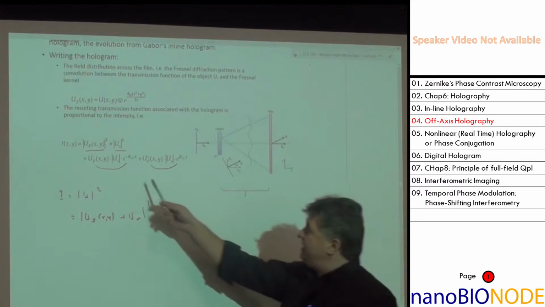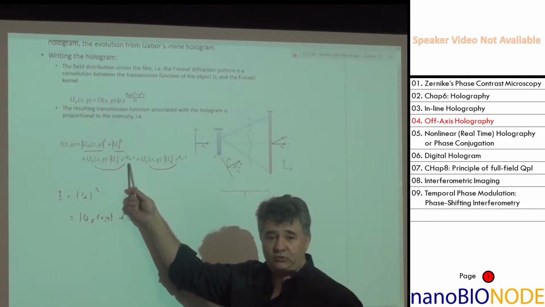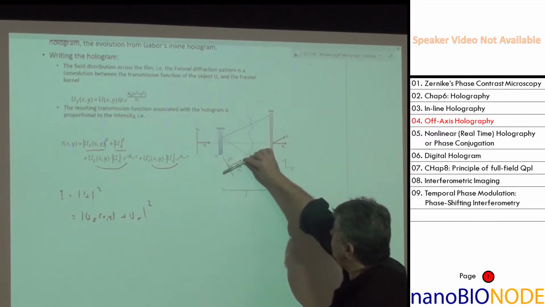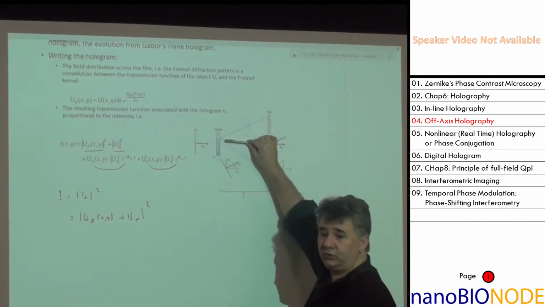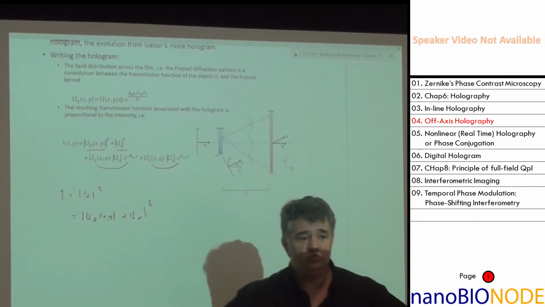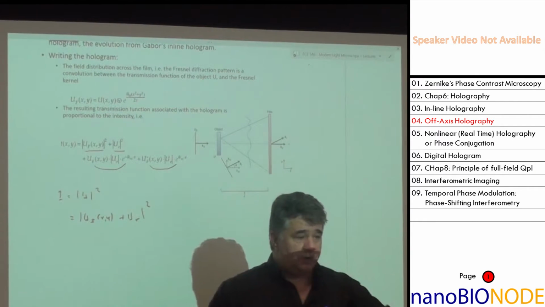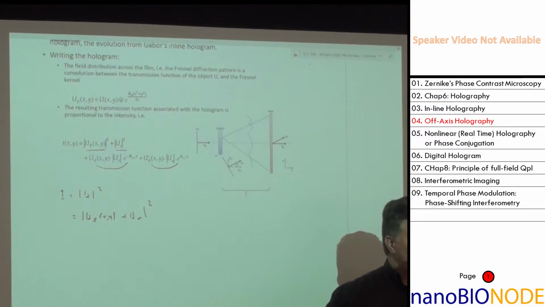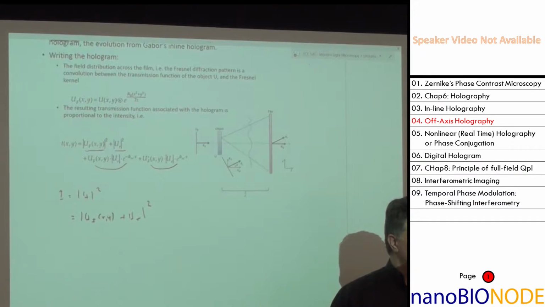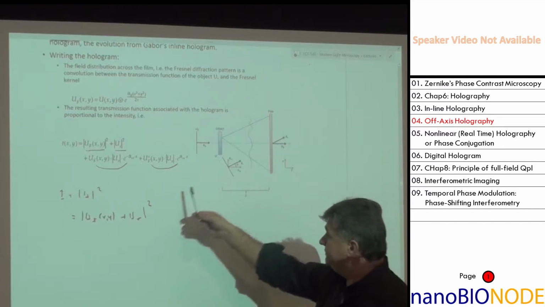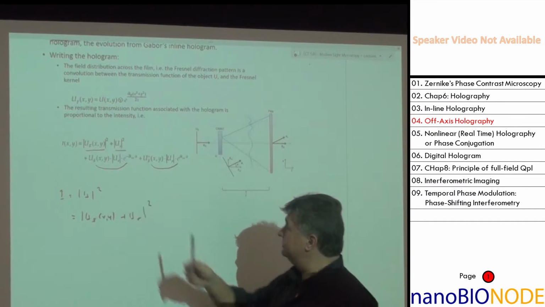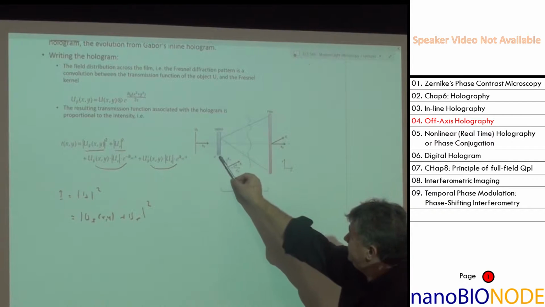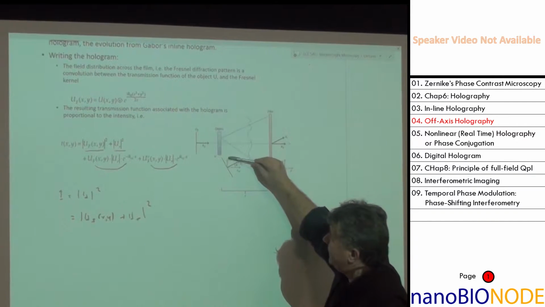The main difference with respect to the other equation that we wrote is that in that case we had nothing off axis; everything was on axis. It's as if the U naught, the direct light, served as a reference. Now, mathematically, we have this plane wave right here, which is this tilt. You notice this is my kx.